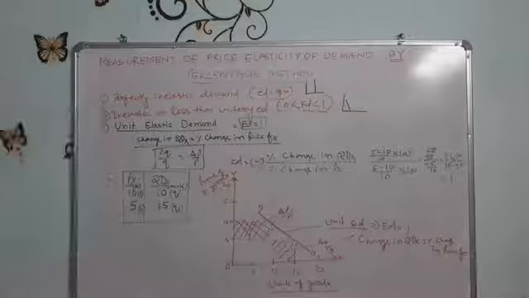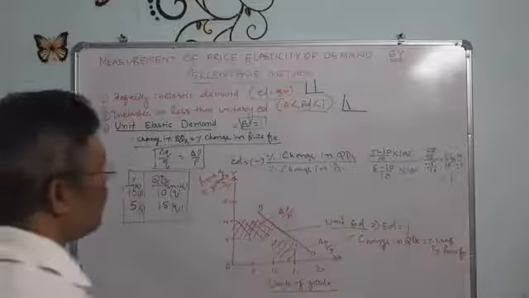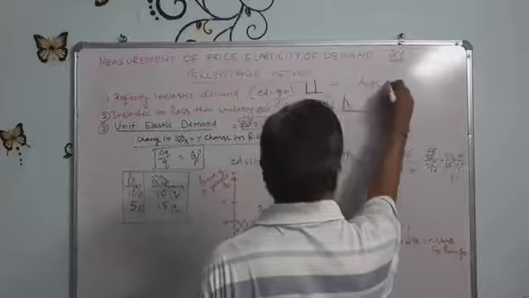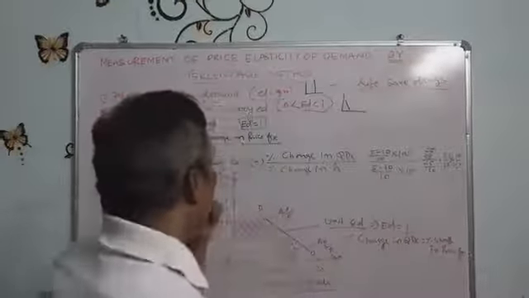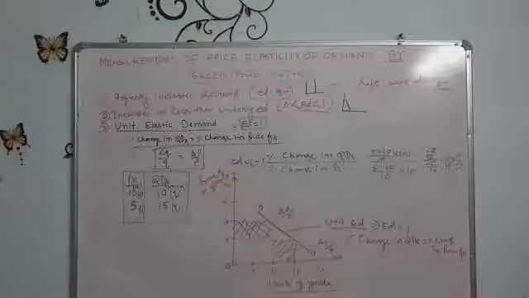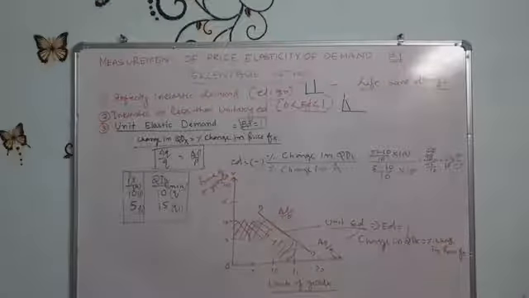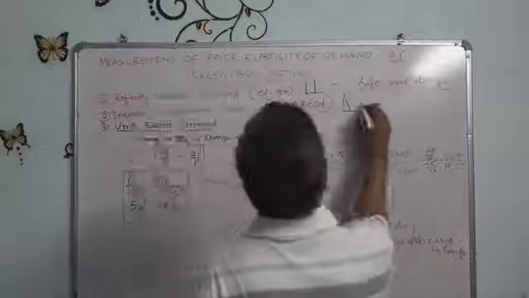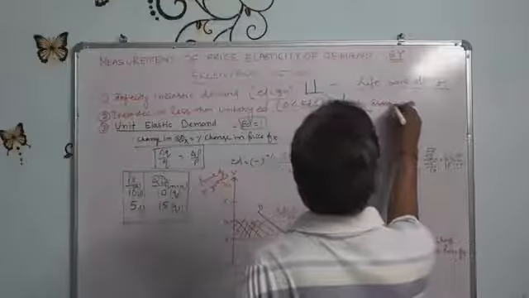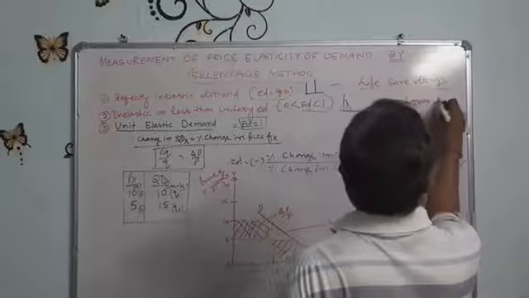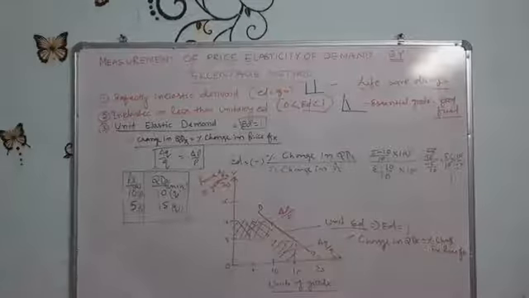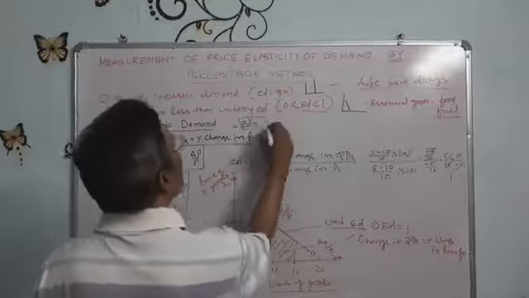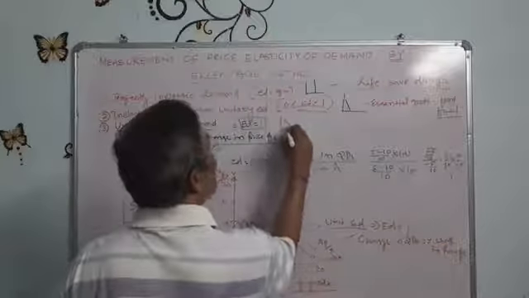Now the question comes: for perfectly inelastic demand, the example I gave was life-saving drugs. For inelastic or less than unitary elasticity of demand, I gave the example of essential goods like food, fuel, etc. But in the case of unitary elasticity of demand, elasticity of demand equals 1, and the demand curve will be like this.